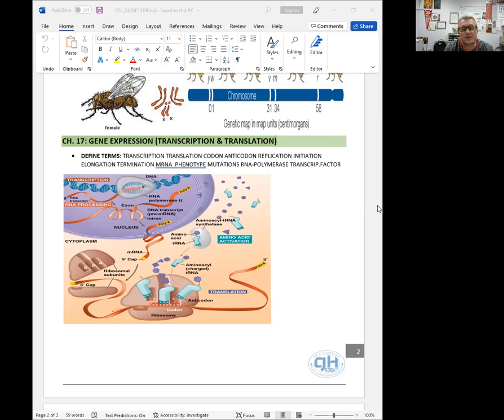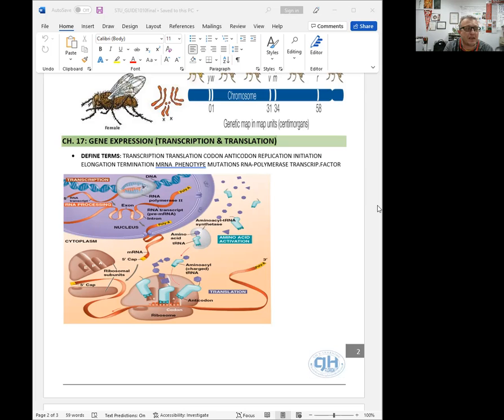This chapter covers how transcription and translation are carried out in prokaryotes, which don't have a nucleus, versus eukaryotes, which have a nucleus, where the RNA has to leave the nucleus and go to the ribosome in the cytoplasm. So we go from DNA to mRNA to protein.